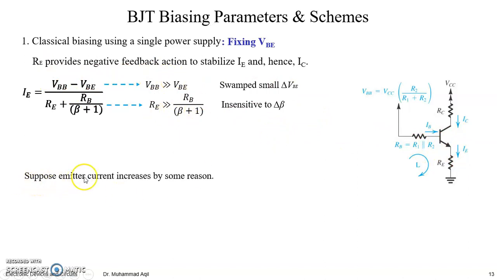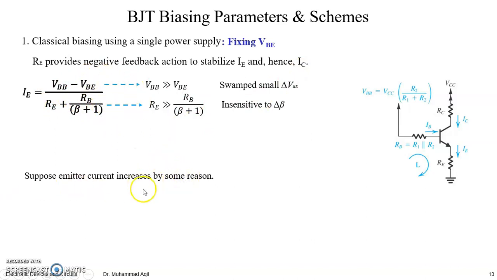So suppose emitter current increases by some reason, temperature or noise, or some input fluctuations. Remember, we are not injecting an AC signal. We want our Q point to be stable. It means we want our IE to be stable. If IE is stable, it means IC and other things are also stable, right? And we already made a relation for this, right?